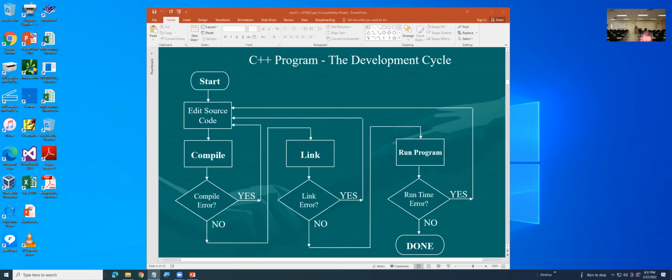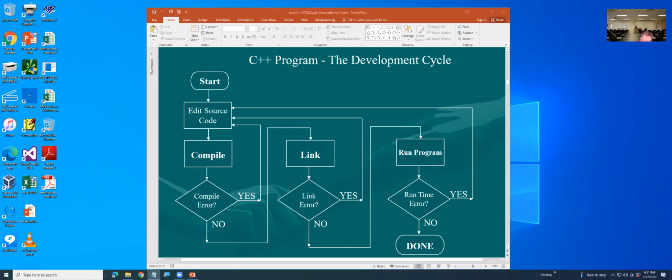After you type it in, you compile and get no error. However, when you try to run it, it's supposed to output the number 8, but it outputs the number 7. That means something is wrong. That's why you have to go back to your source code and try to fix the problem.